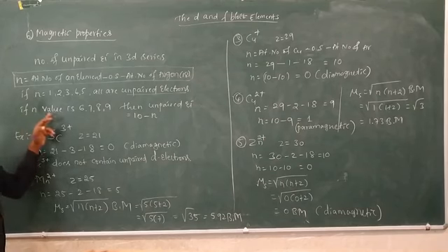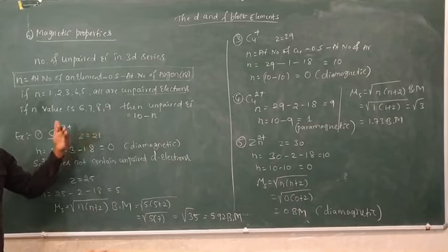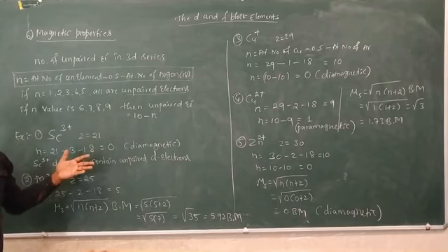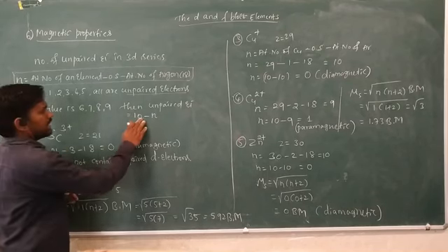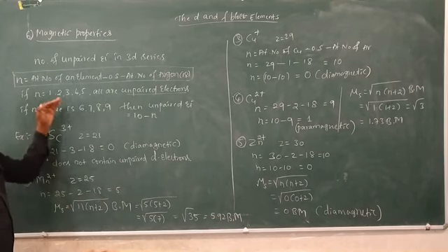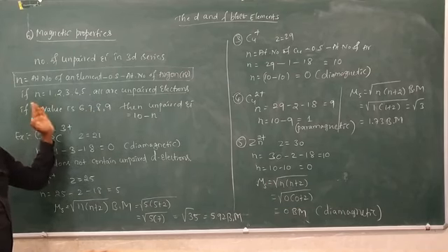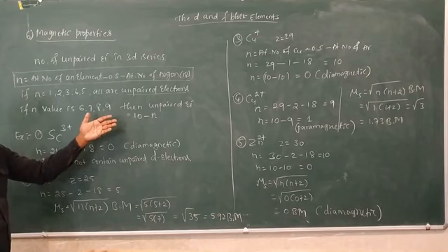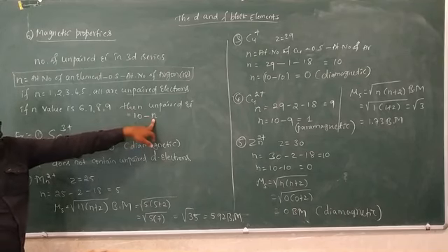But if the n value is more than 5, that is 6, 7, 8, 9, then you calculate 10 minus n. If it is less than 5, directly write the number of unpaired electrons. If it is more than 5, meaning 6, 7, 8, 9, 10, then subtract from 10: 10 minus the given number.